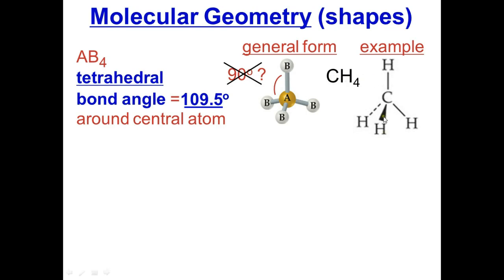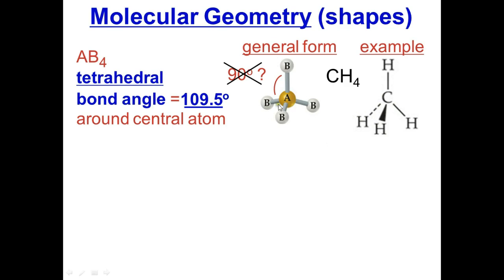An example of this is CH4. Here we have one carbon atom and then four hydrogens, and the general format is AB4. Just for your information, these lines represent bonds, but this line represents a bond to an atom that's coming at you. Notice how this B is coming at us, and that's the same with this one.